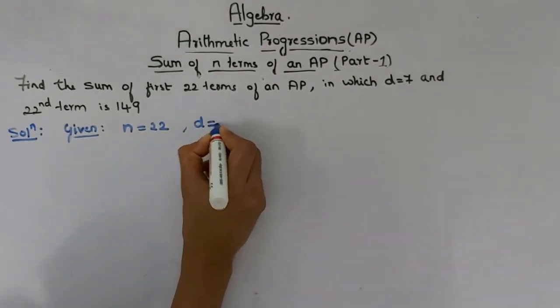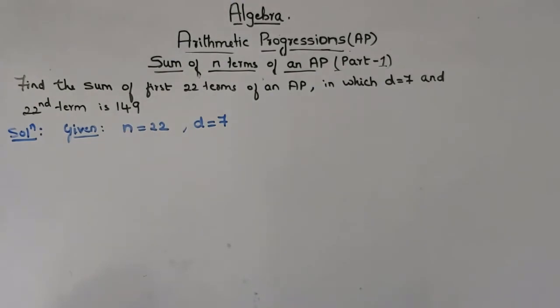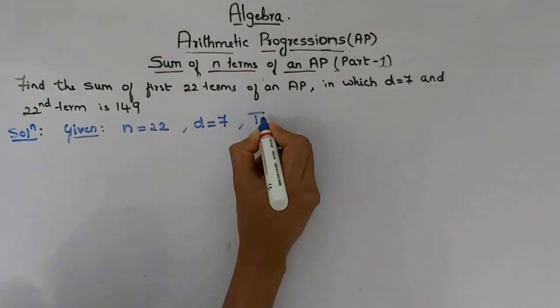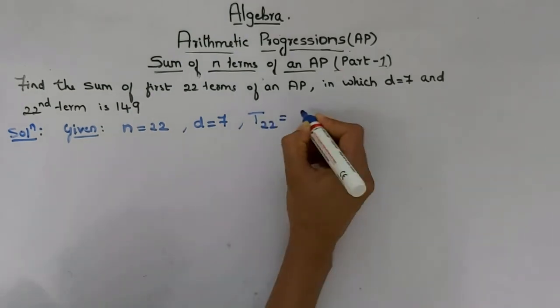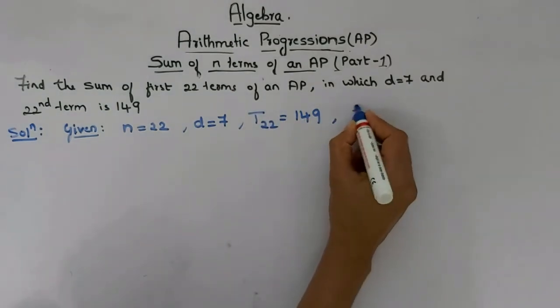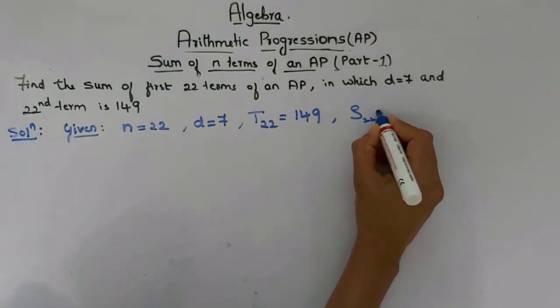And D is given, that is the common difference is 7. And the 22nd term is 149. So T of 22 is 149, and they have asked us to find the sum of 22 terms.